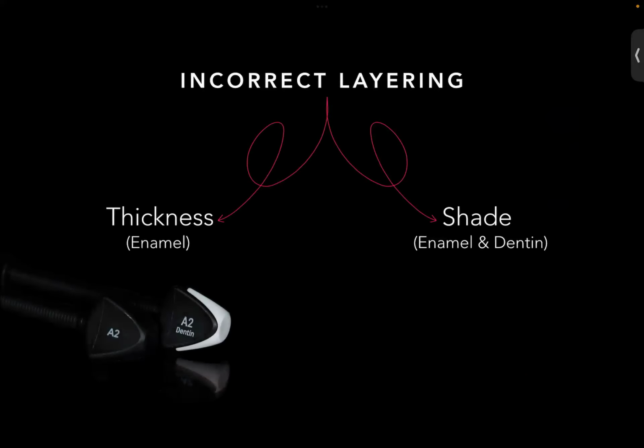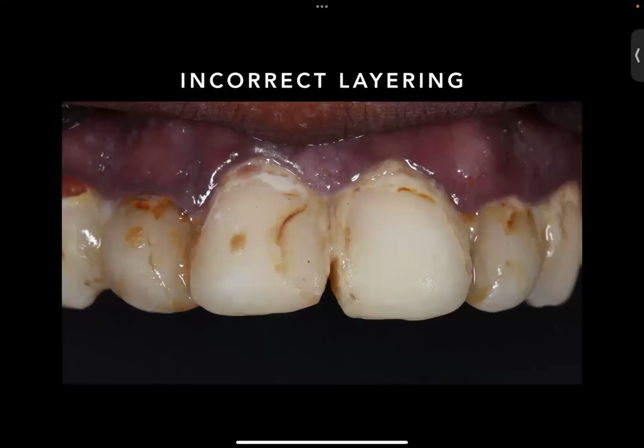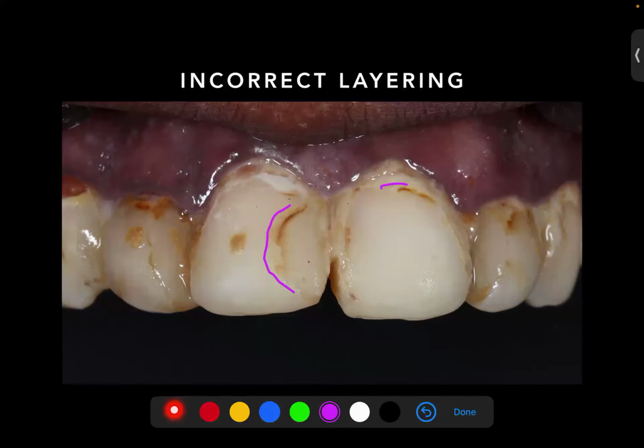Now let's quickly talk about consequences of incorrect layering. There are two aspects of incorrect layering. One is the thickness is not correct, or it is not anatomically correct, which is the shade or opacity, right? Now, this is what happens when you do not layer it with uniform thickness. You see these marginal stains everywhere.